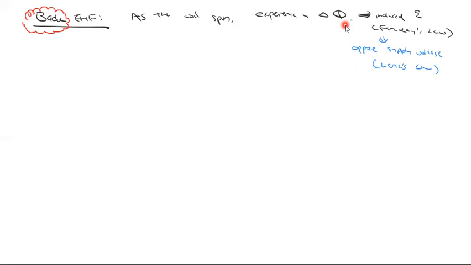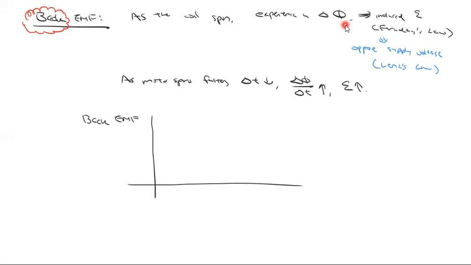As the motor spins faster, it takes less time to spin around once, so the time taken goes down. So delta phi over delta t goes up, and the EMF induced goes up. So your back EMF will rise until it hits an asymptote for the operating speed of the motor.